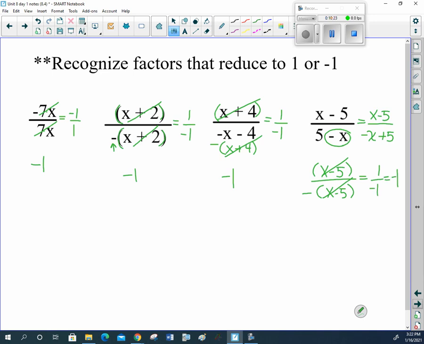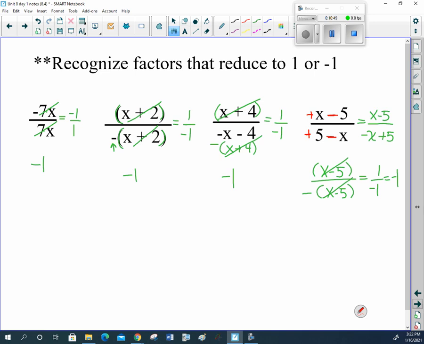But that's a lot of extra work, so it's really nice that you can cut down on the factoring, guys, of taking out the negative sign. I mean, if you want to do that, you can. If it helps you understand it better, you can. But I personally like to just look at it and recognize, okay, this sign is a plus, this sign is a minus. Those are opposite. This sign is a minus and this sign is a plus.